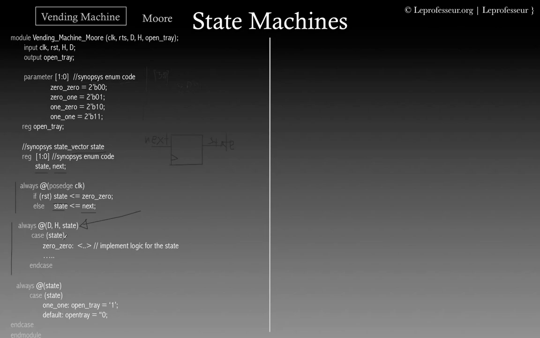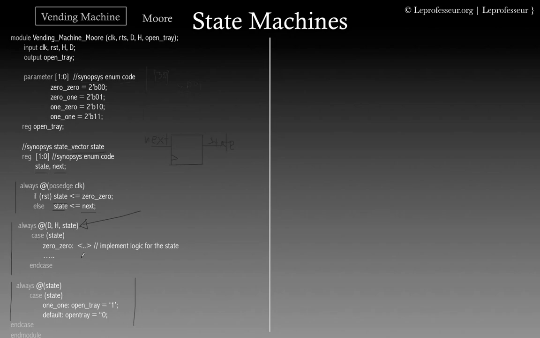And you write case statements in whatever state you are in. If you are in 0 0, you write the associated logic for that state, and you will further write the logic. Now that is the distinction to show how the Moore machine will differ from the Mealy machine.